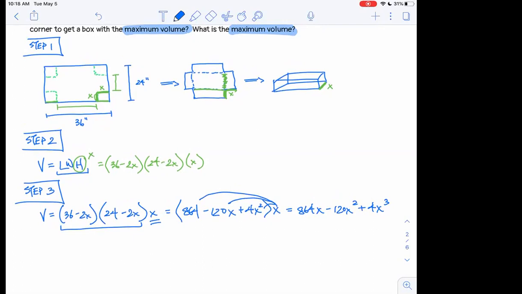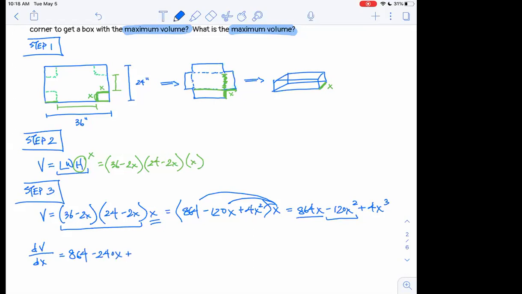All right, so from here, let's go ahead and take our derivative. So dV/dx is going to be the derivative of 864x, which is 864. What's the derivative of the second term? Minus 240x, good.